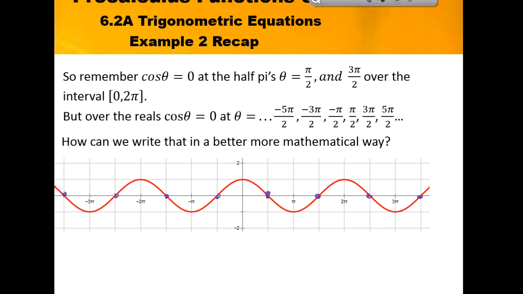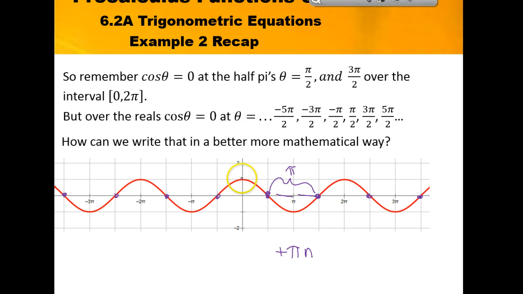Okay, and what is this interval? It looks like 1 pi over 2, and this is 2 pi over 2, or pi. So this looks like it repeats itself every pi, right? So instead of plus 2 pi n, we're going to have a plus pi n. Now, when is the first time that it's 0?